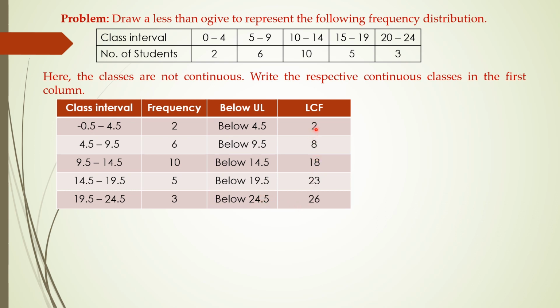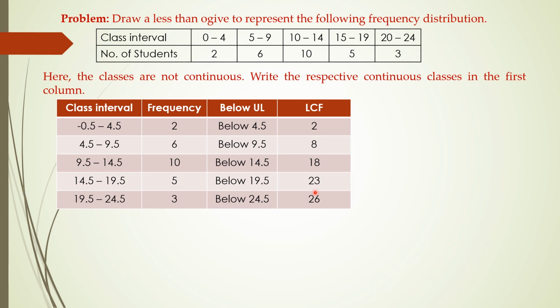I told already how to find less than cumulative frequency. Simply the frequency and LCF are the same for the first class interval, thus we copy 2 here. For the next one, 2 plus 6, 8. Next one is 8 plus 10, 18. 18 plus 5, 23. 23 plus 3, 26. In this way, you can find out the less than cumulative frequency, and so we get the distribution of less than type cumulative frequency.